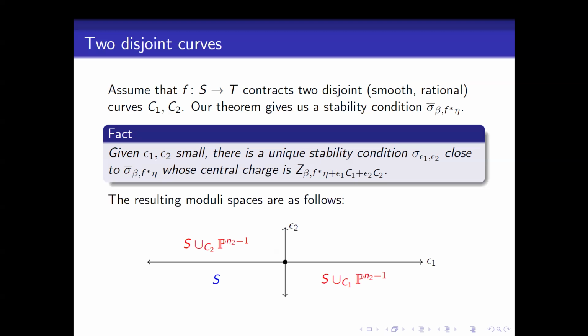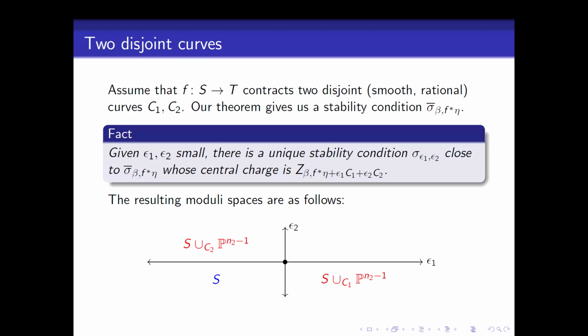So the bottom left corner that you get corresponds to the geometric chamber, and the moduli space that appears there is just the moduli space S, which I painted in blue. The two regions in red are due to Tramel and Chia, and these are these interesting phenomena that I was telling you.